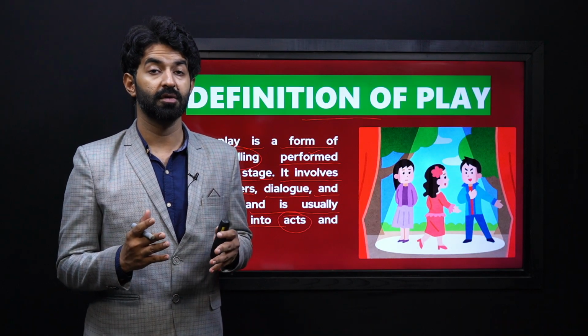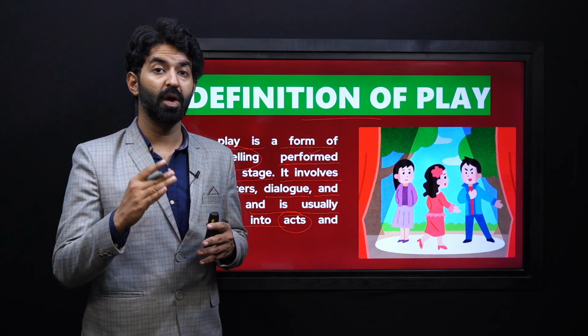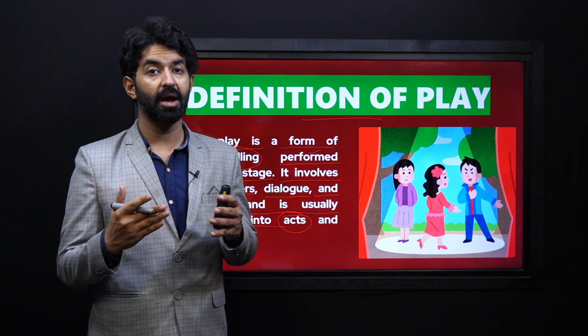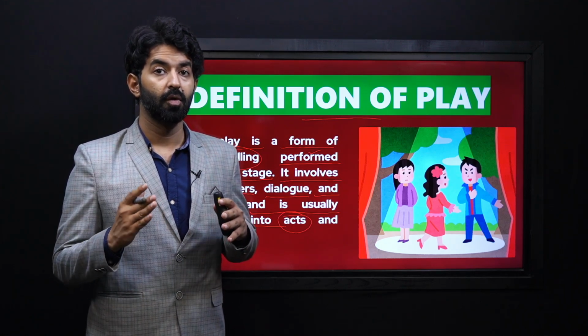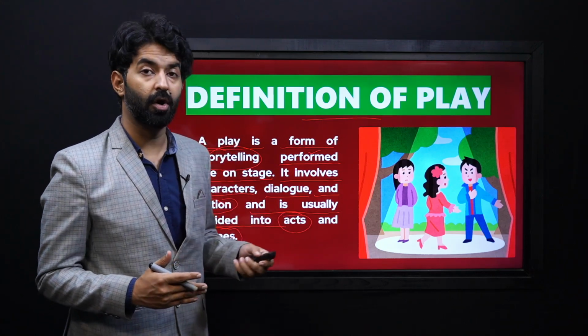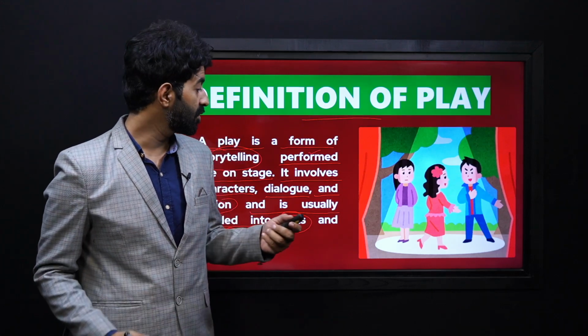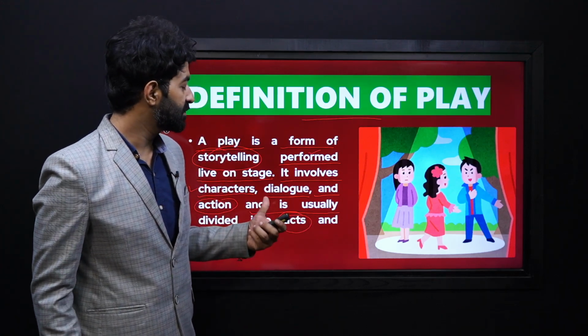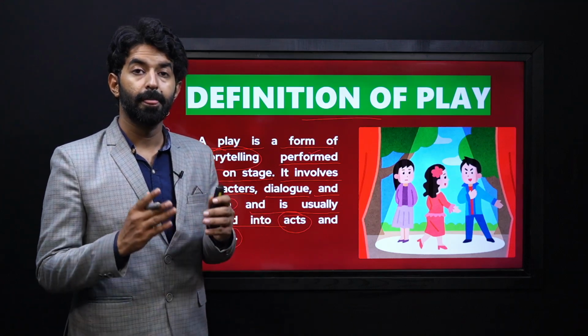We love stories and we love listening to them, but when they are performed by actors, by individuals, we enjoy them more. And they are performed live. So, it involves characters, dialogues, and action.